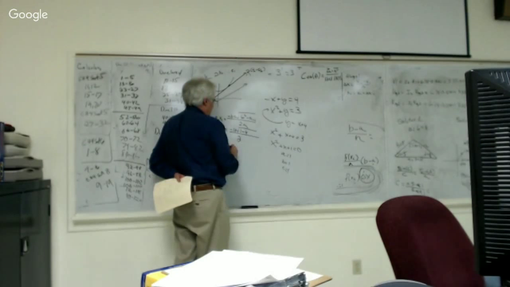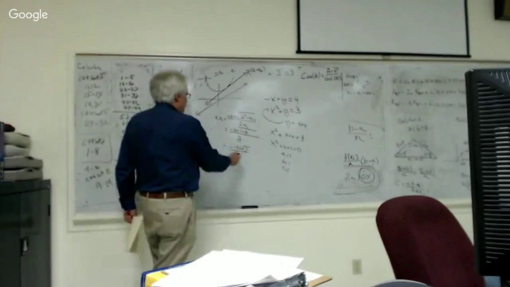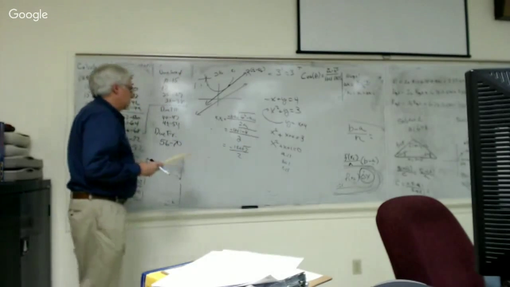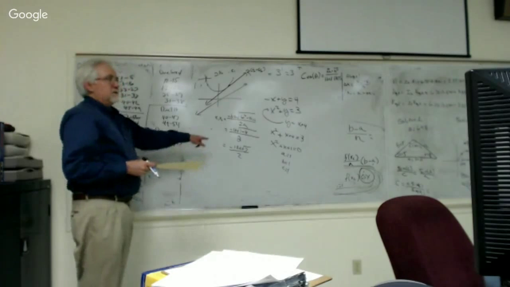So this is -1 over 2 plus or minus i times the square root of 3. 1 minus 4 is -3, the negative comes out as an i, so I have -1 plus or minus i square root of 3 over 2.